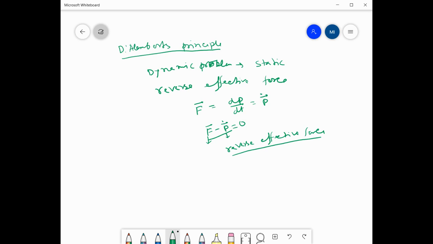Now, considering the system where the applied force is also included in the moving system, the forces are in equilibrium. Then we can apply the principle of virtual work.